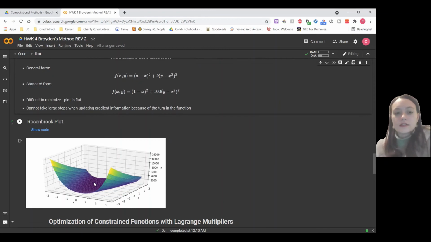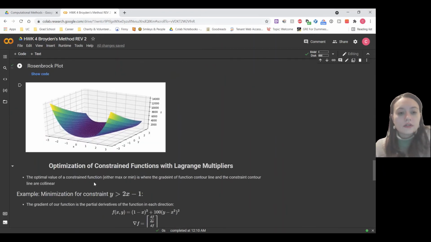So it's easy when you're iterating through this function to end up going in the wrong direction and getting an incorrect value, which means that when you're iterating through this function to find the minimum, you have to take very small steps.